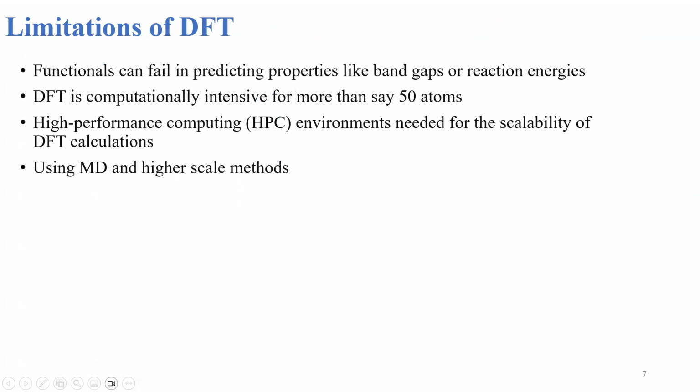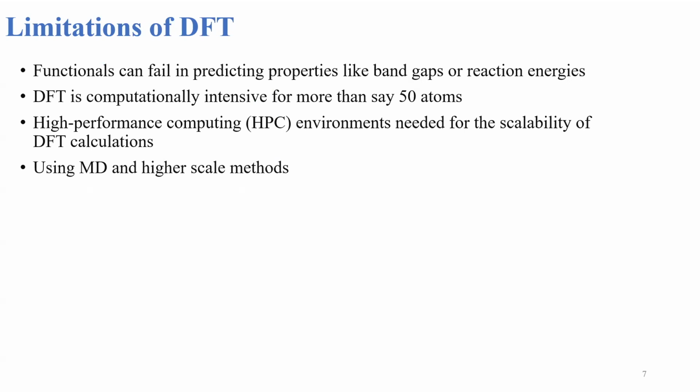So I would also like to bring up some of the limitations of density functional theory. As we see, these functionals are quite arbitrary in nature. So a functional can fail on different properties such as band gaps or reaction energy. So it's very important to choose an appropriate functional while applying it to engineering applications. Also, DFT is dealing with electrons at a very small scale.